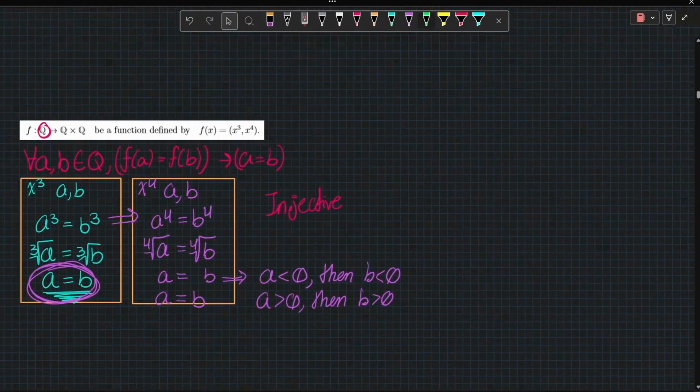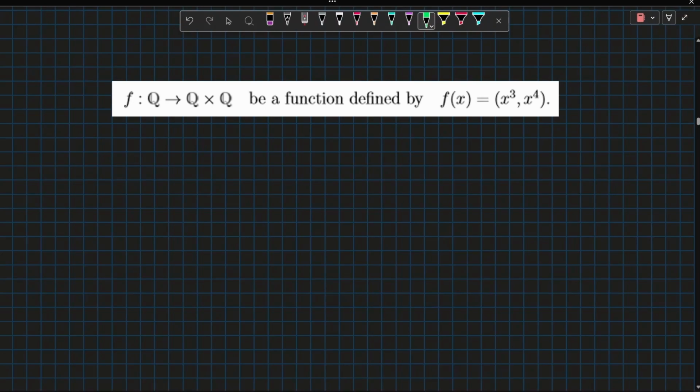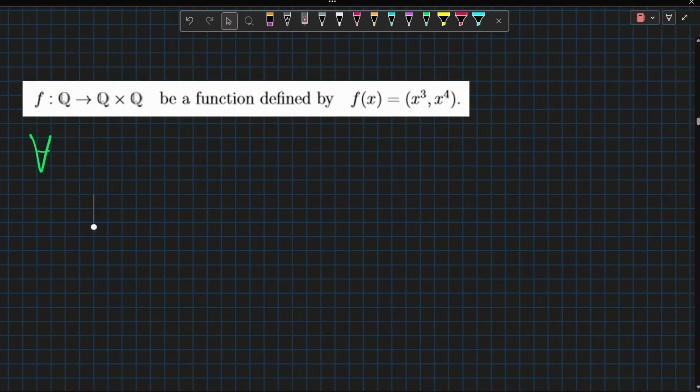Now let's try and prove surjectivity. In terms of surjectivity, we go back to the definition, which tells us for all values, well, because here we have a multi-output, a pair output, we'll make a pair here.